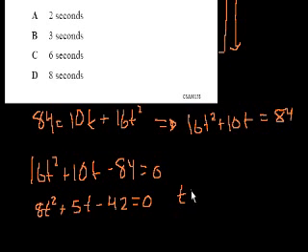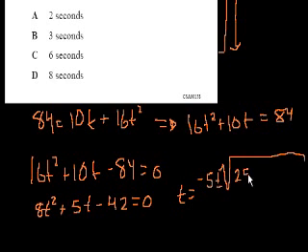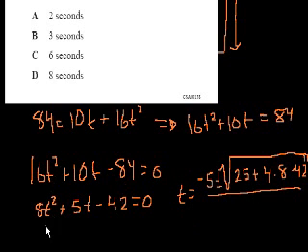So what are the solutions? t is equal to negative b, so minus 5, plus or minus the square root of b squared, so 25, minus 4 times a times c. a is 8 and c is minus 42. So instead of times minus 42, let's put a plus and do plus 42, since a negative times a negative is a positive. All of that over 2a, which is 16.